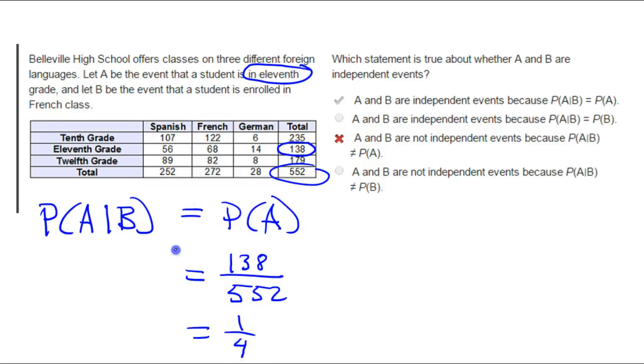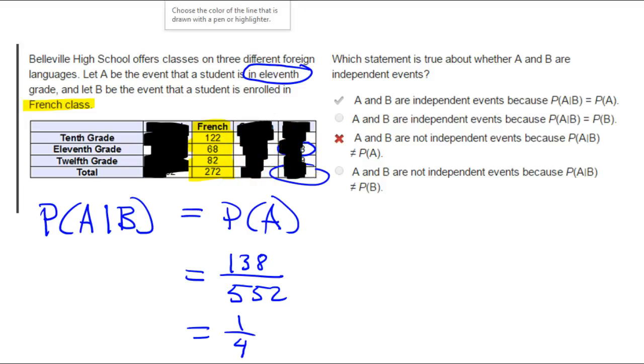Now let's check the probability of A given event B, to see if they're the same. Event B is French class. If we're given event B, that means we're given French class. That means not Spanish, not German, and these totals here are now irrelevant. In this universe where we're given French class only, what's the probability of event A?